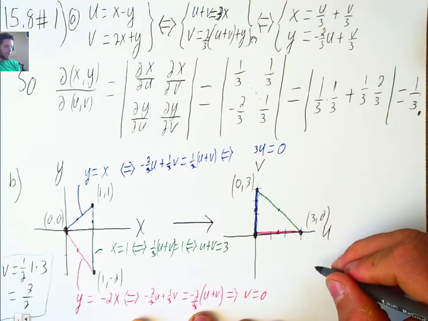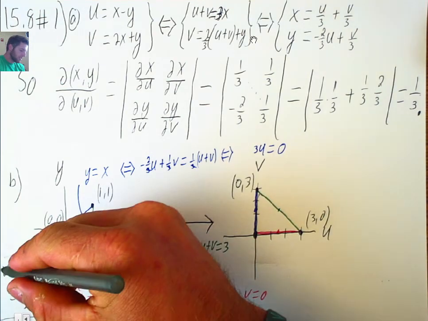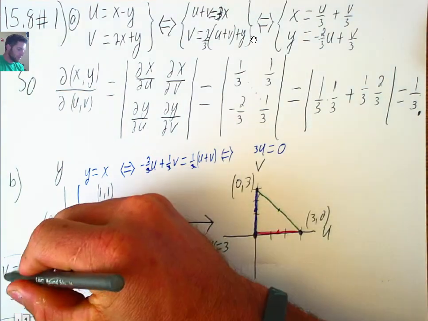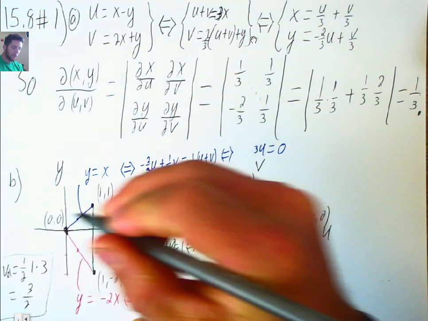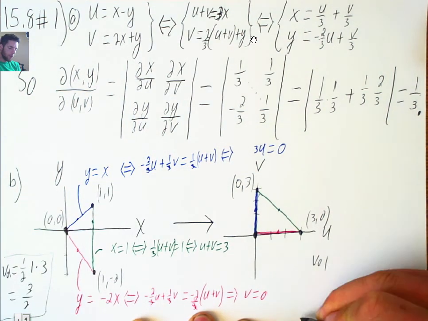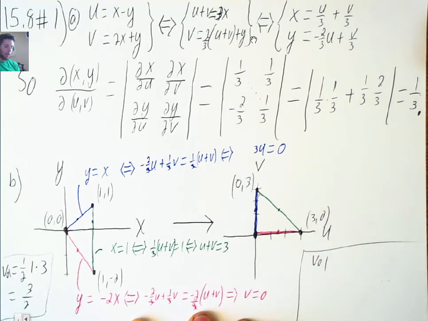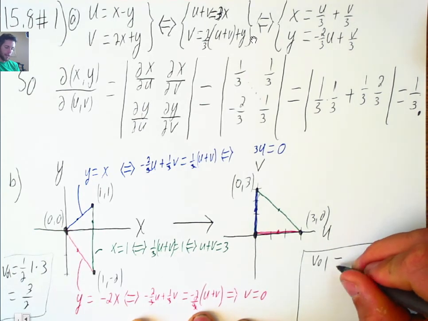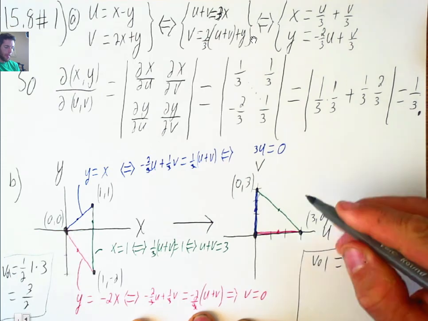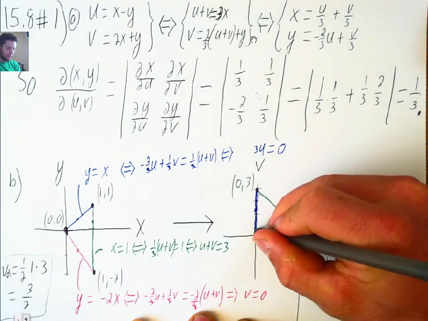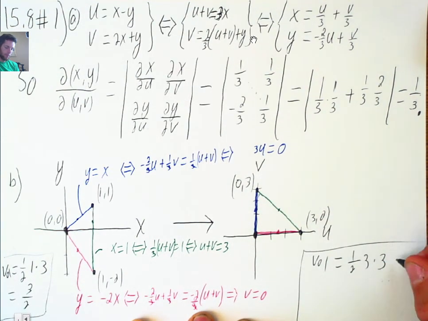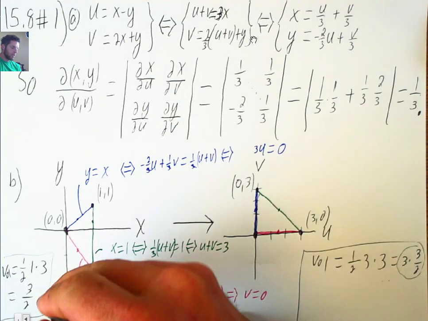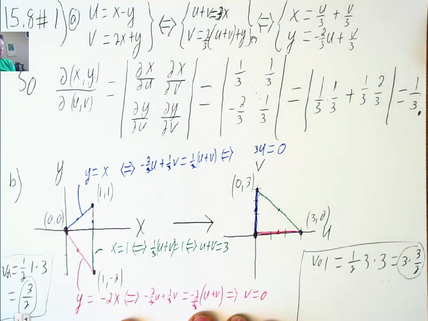The volume of this, stupid of me to use V for volume. The volume over here is 1/2 times 3 height times 3, which is 3 times 3/2. So what factor is in between 3 times 3/2 and 3/2? It is this factor, 1/3.